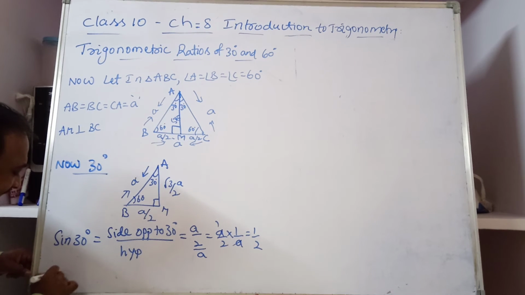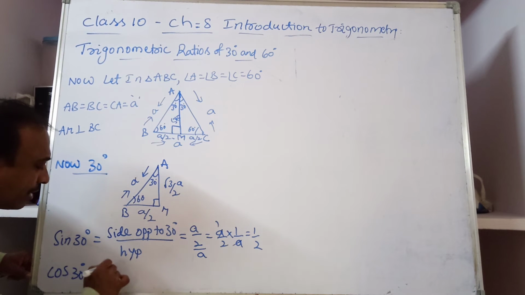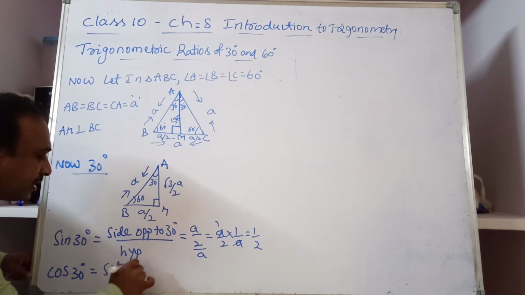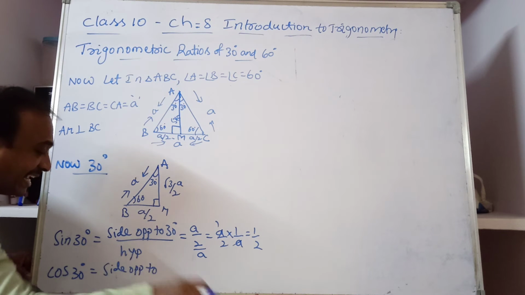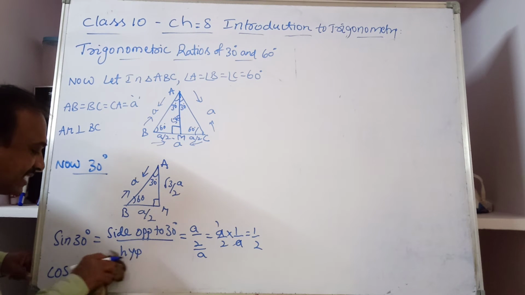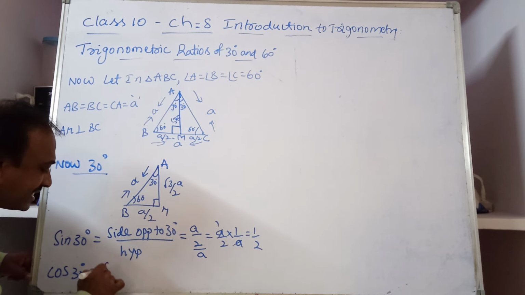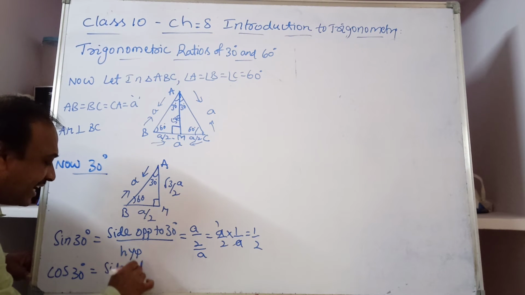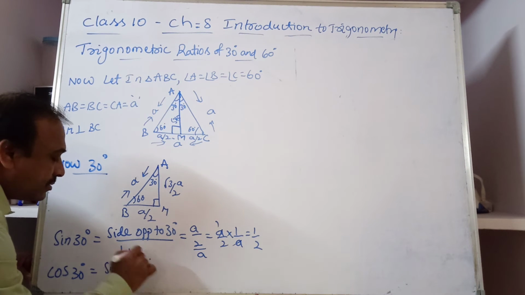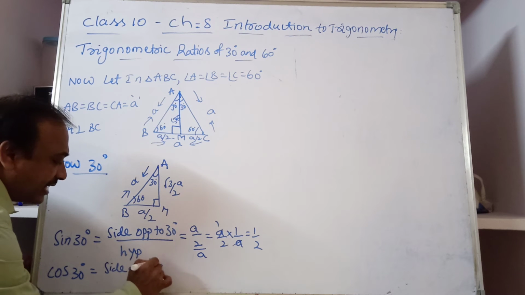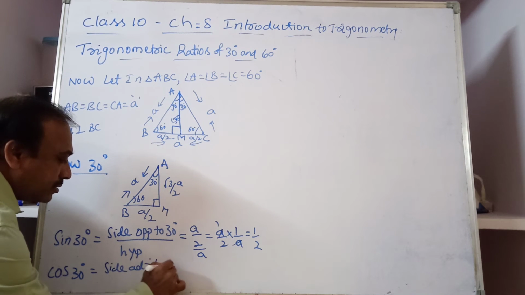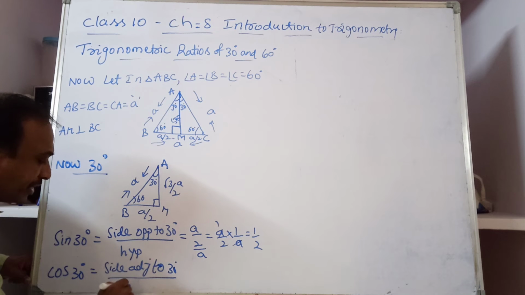Similarly, cos 30 degrees is equal to the side adjacent to 30 degrees by hypotenuse.